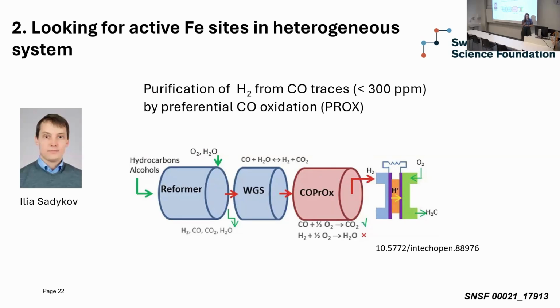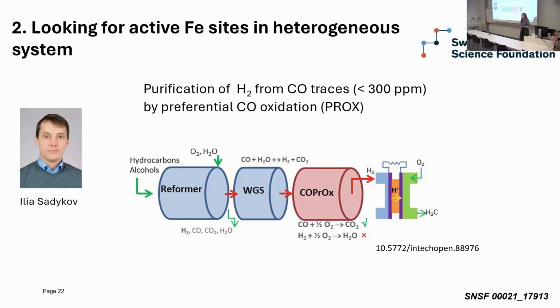In this project, which we did with our PhD student Ilya Sadikov, we were looking at the selective oxidation of CO in a hydrogen flow. It is very important to purify the hydrogen flow from CO, because CO can originate, especially when hydrogen is produced from fossil fuels, but also from biomass.